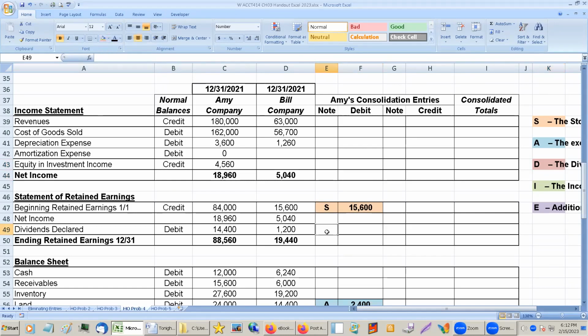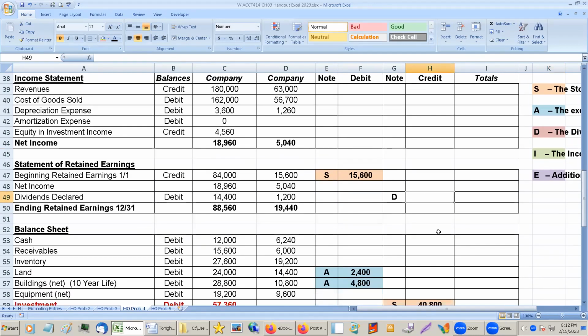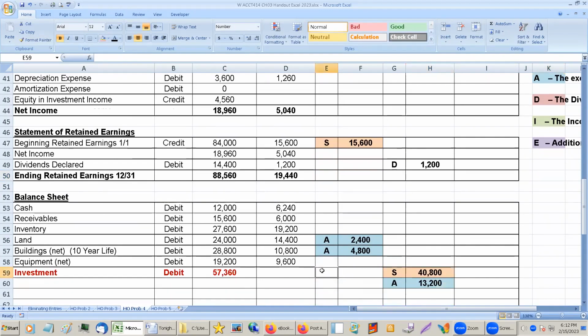And now we need the D for dividends. And dividends are the wacky ones because we subtracted them from our investment, so they get added back into our investment.